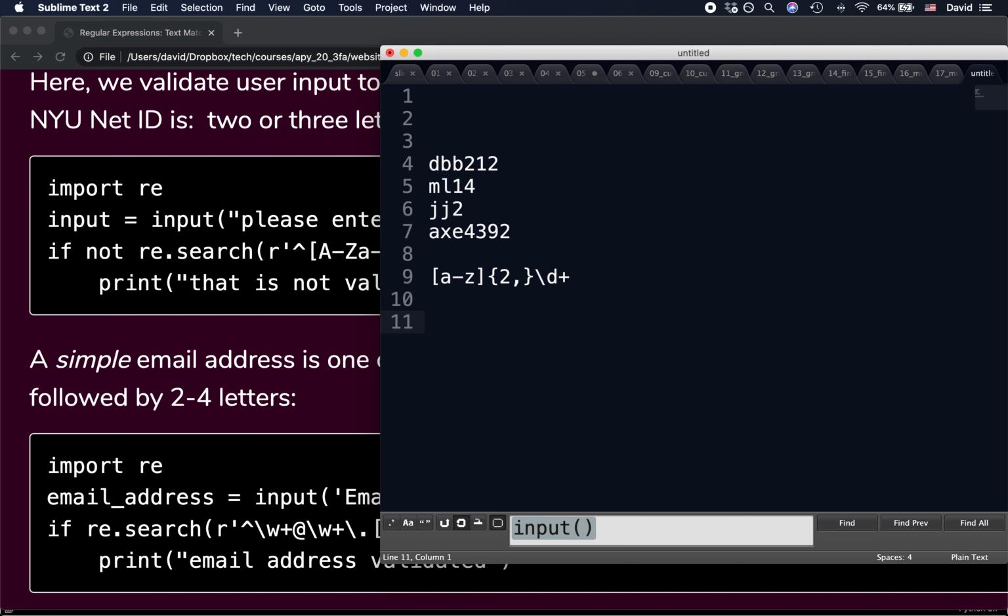So you see how the built-in quantifier plus, which means 1 or more, is being applied to the digit. And the custom quantifier 2, comma, is being applied to the letter character class. And so we can write this out: 2 or more letters followed by 1 or more digits.